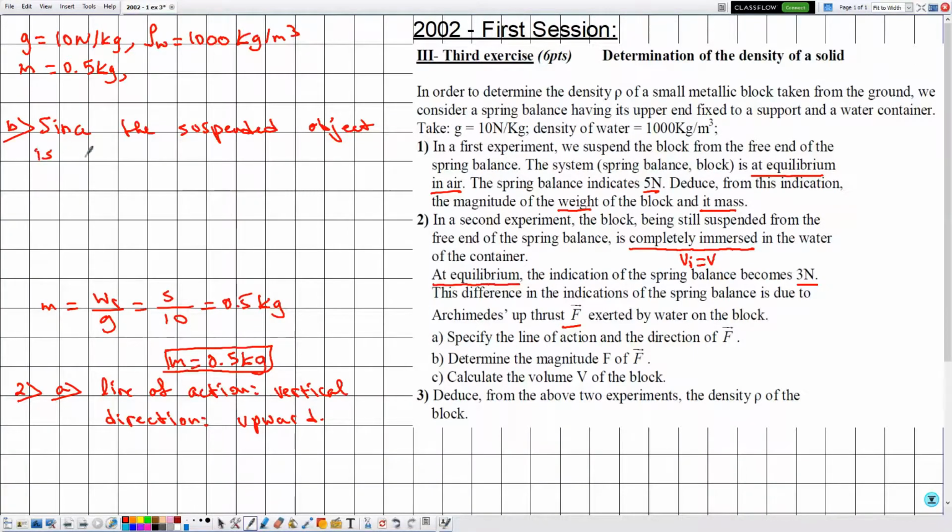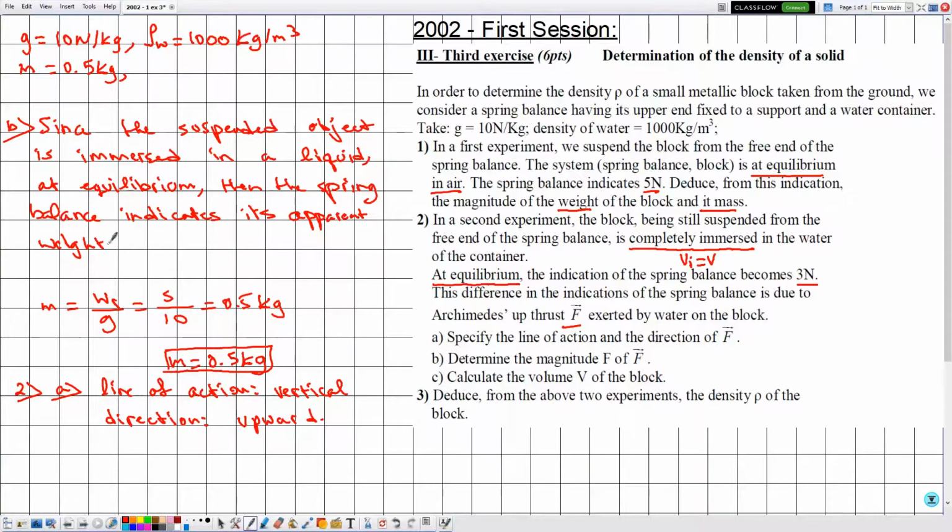Is immersed in a liquid at equilibrium, then the spring balance indicates its apparent weight. So in this case the apparent weight is given by 3 newtons.